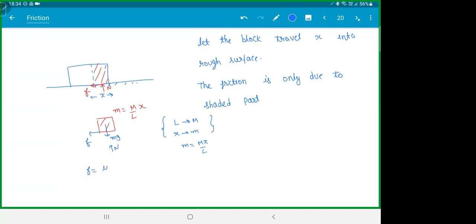So F will be equal to mu into N, which is mu into M g x by L. This is your friction. Friction is not constant. As more and more surface area enters, more and more normal reaction will come, and you get more and more friction. Please check. This is the main idea in the equation. Friction is not constant.